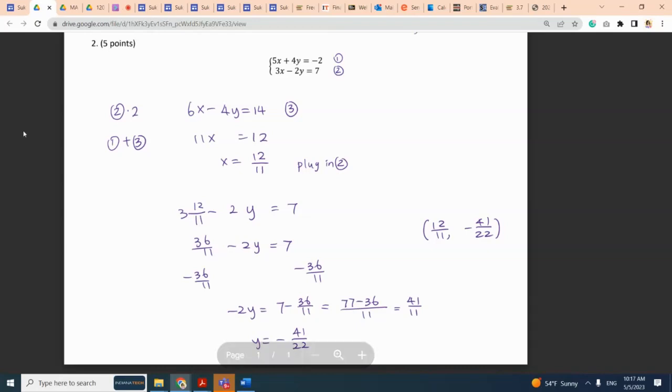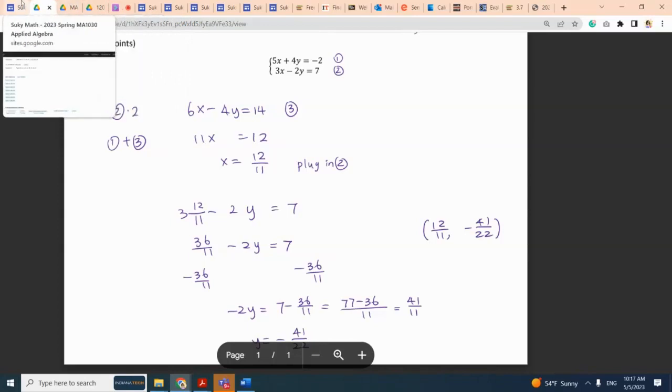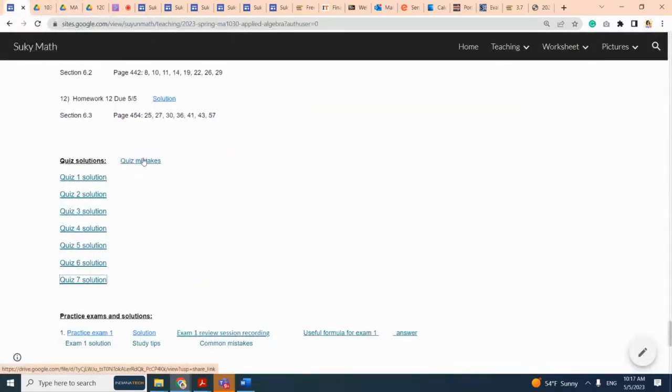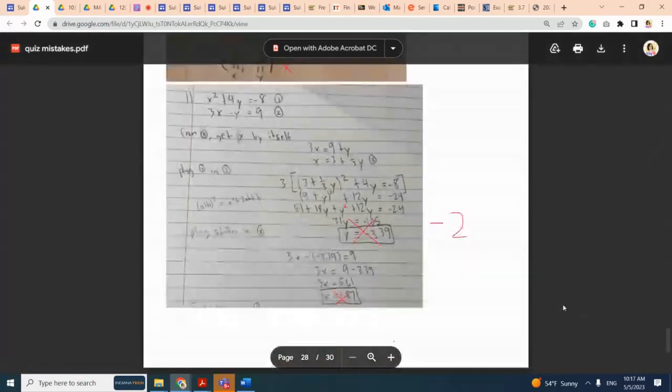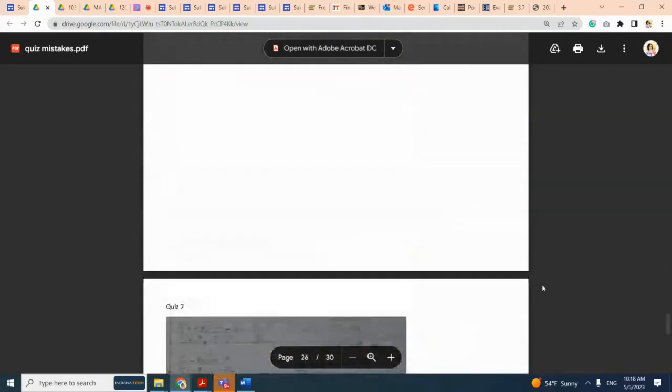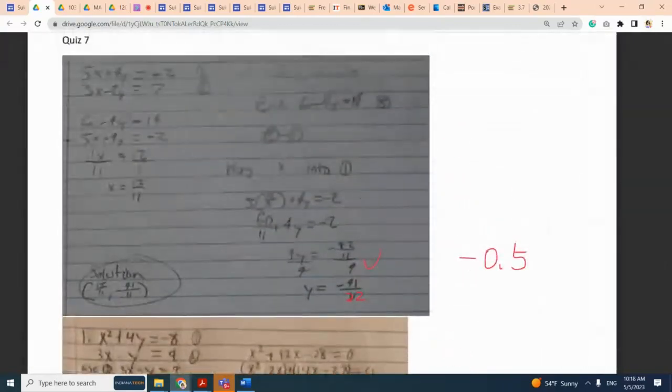All right, so let's look at the mistakes. Where's the mistakes? Oh, here. It's good to have a mistake book to collect all the mistakes because we learn from the mistakes.